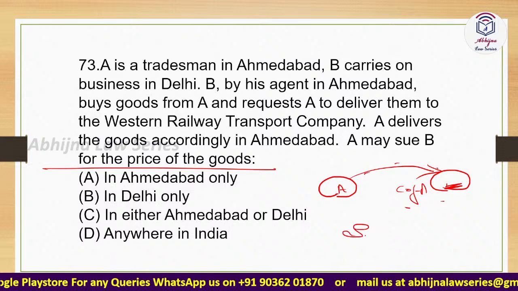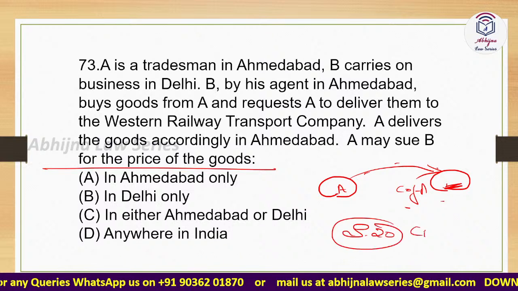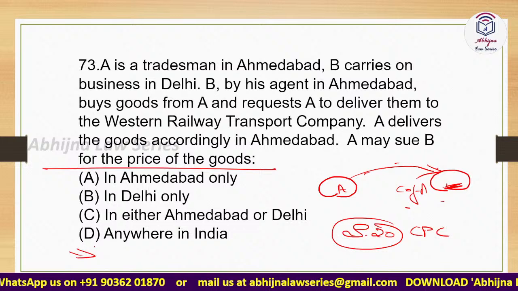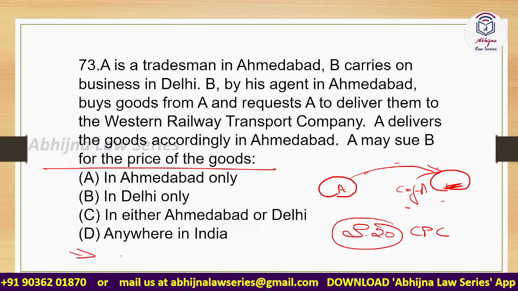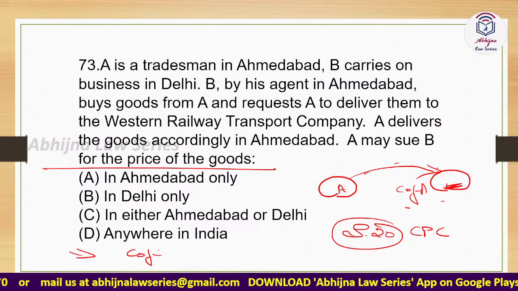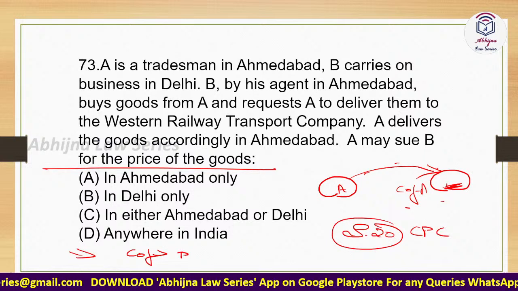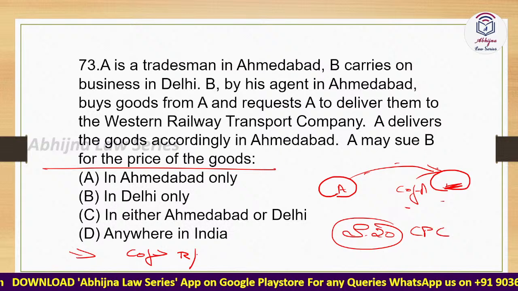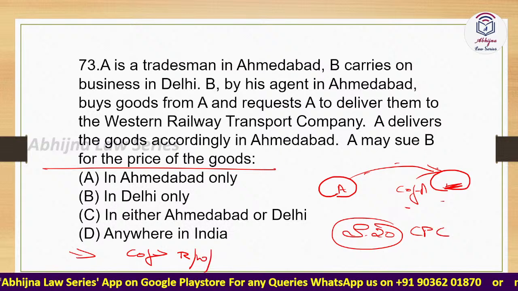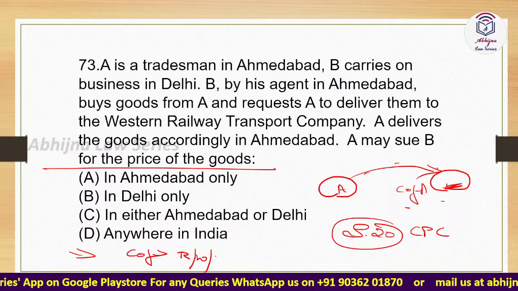So here we have to refer to section 20 of CPC, where it says that a suit has to be filed where the cause of action has arisen, or where the defendant resides, or where the defendant works for gain, or carries on profession or business.